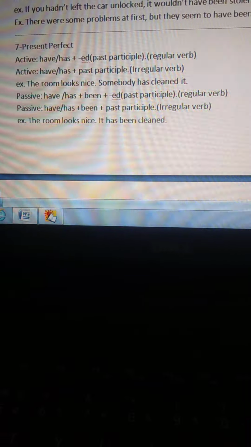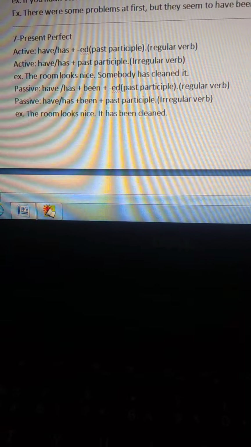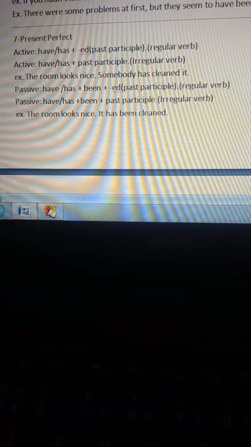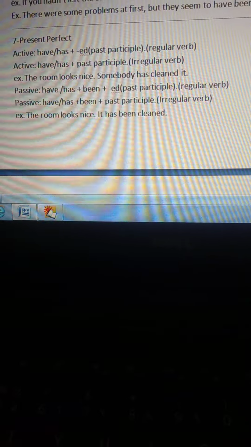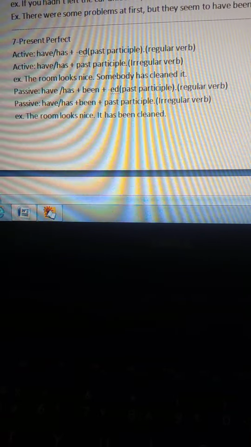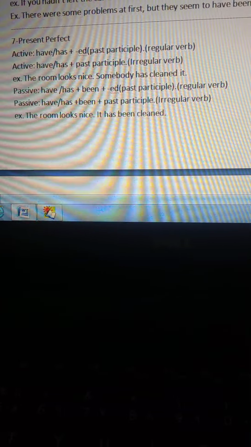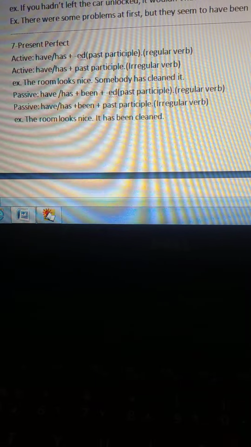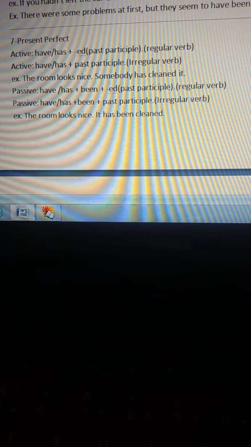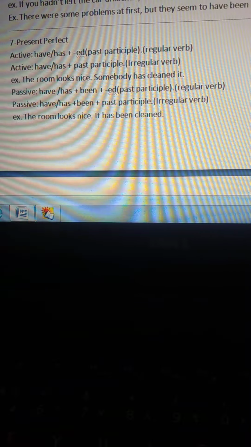Number 7, present perfect. Active: have or has plus past participle, regular and irregular verbs. Example: the room looks nice.